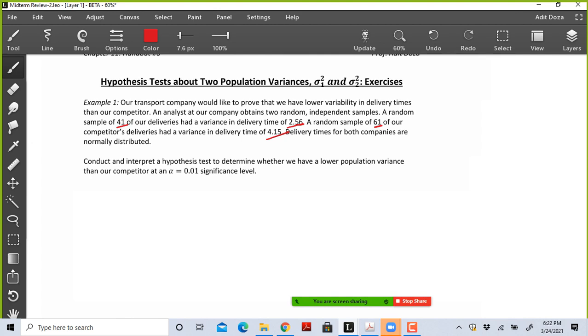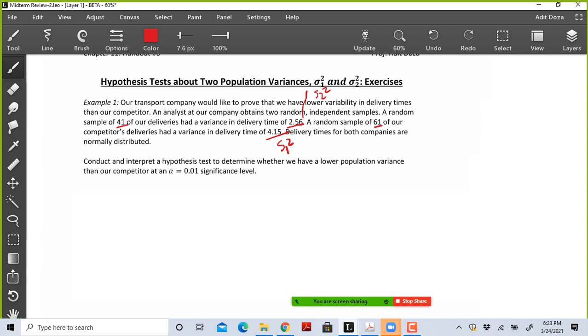So we have N1, N2, we have sigma 1, sigma 2, right? And I always said that the larger variance should be sigma 1, right? So if the larger variance is, actually, this is for a sample, right? So it should be S1 square. So if the larger variance is S1 square, the smaller one would be S2 square, right?